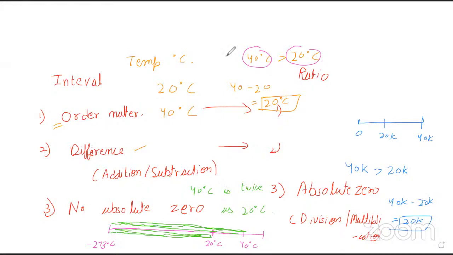And what happens when there is an absolute zero? Here we can say that 40 Kelvin is 2 times 20 Kelvin. Why? Because the amount of heat you are giving to get to this temperature is half of that needed to get to this temperature, right? So that's what absolute zero does: it makes division and multiplication possible.